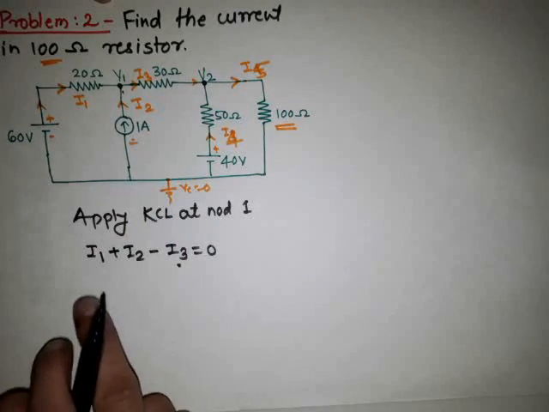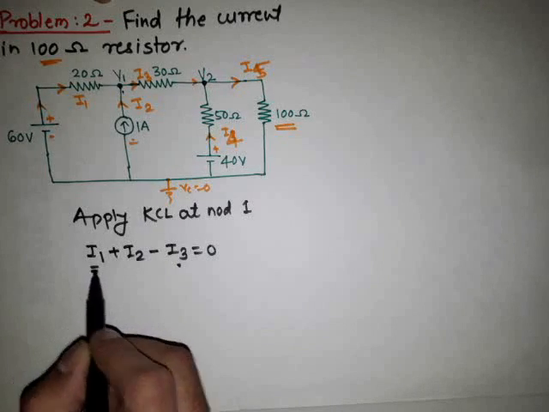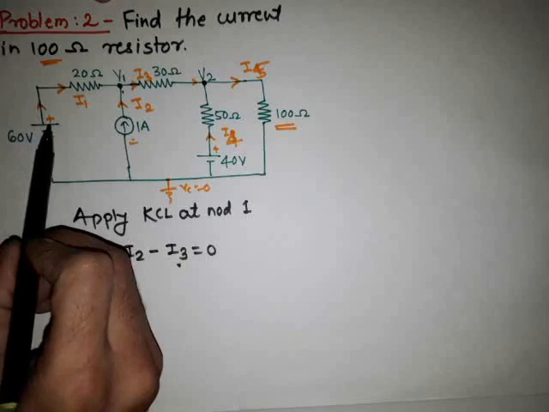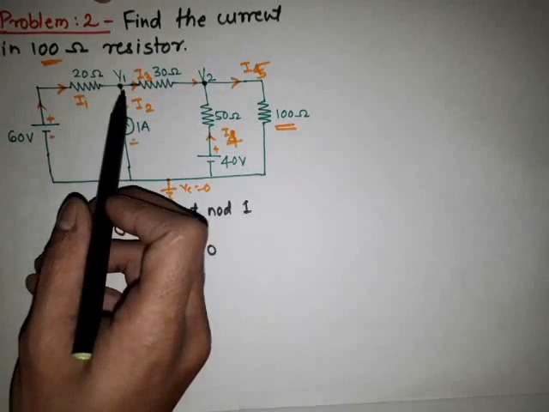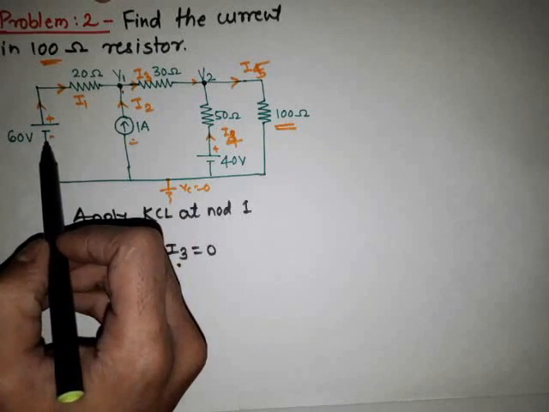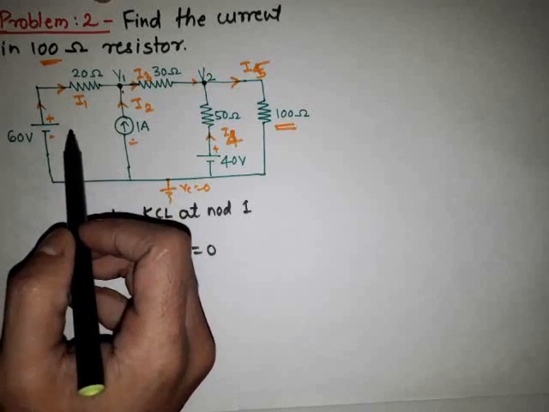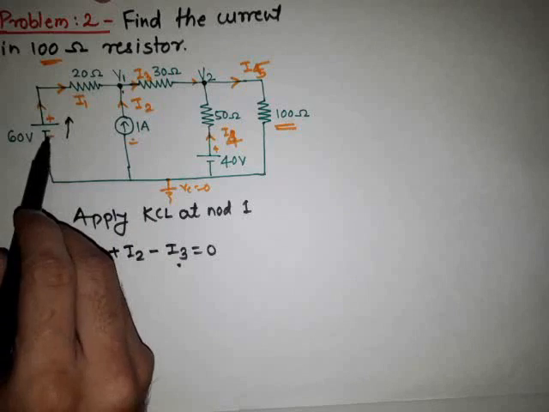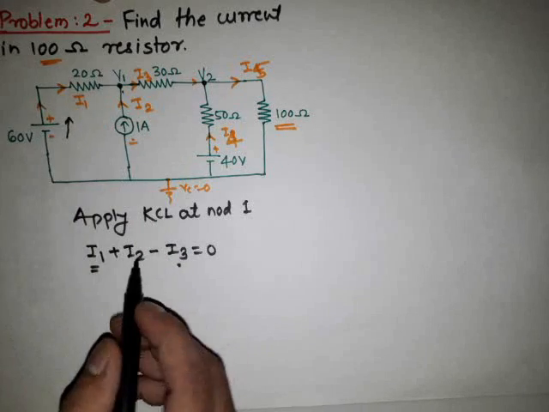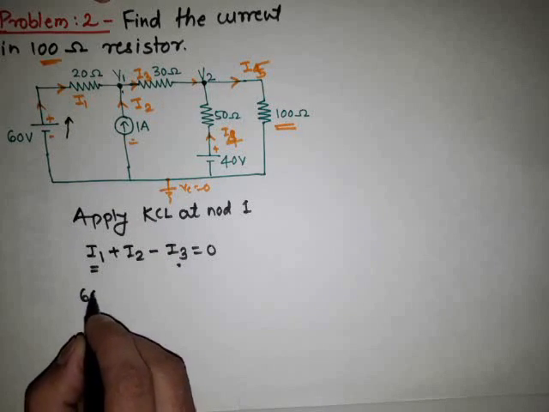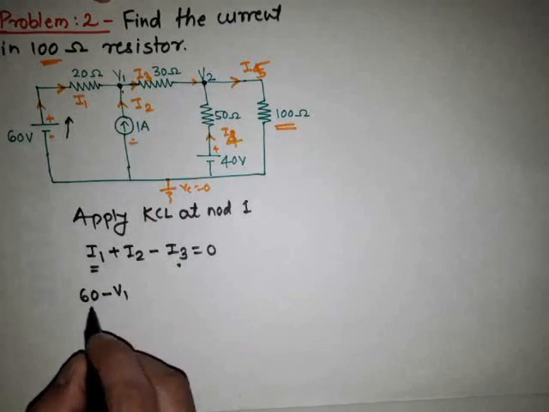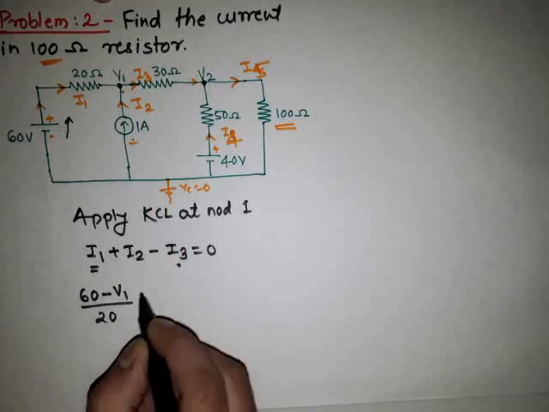Now we find the different currents by using Ohm's law. See here, the I1 current which flows from the 60 volt source to V1: we consider the initial voltage minus the final voltage divided by the resistance, and through the 60 volt source the current flows from minus to plus, therefore it is 60 minus V1 divided by 20.